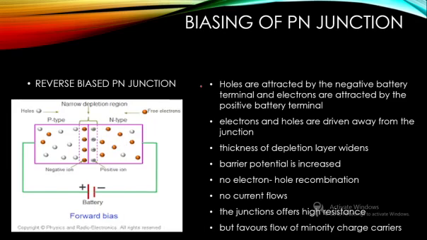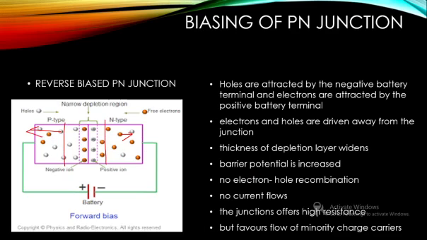In the reverse biased case, holes are attracted by the negative battery terminal and the electrons are attracted by the positive battery terminal. So the electrons and holes are driven away from the junction, and correspondingly what will happen? The depletion layer will widen.